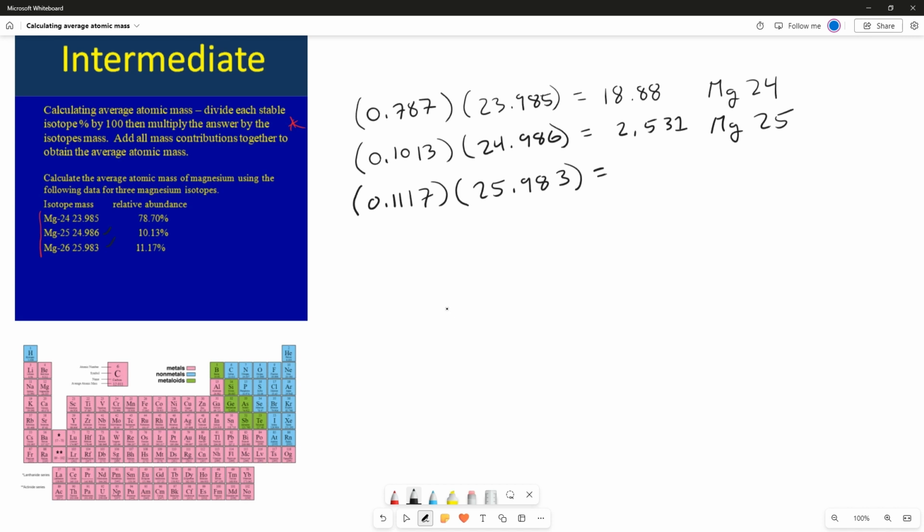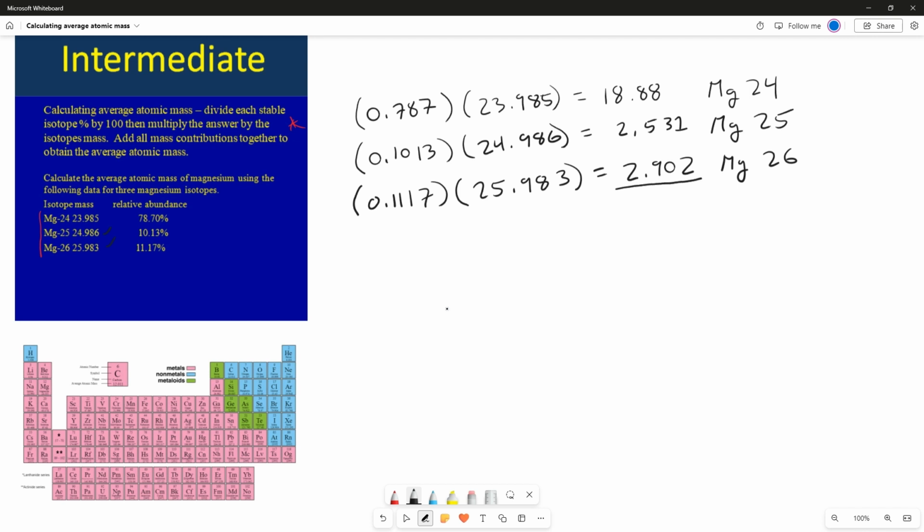And then when we do that, we get 2.902. And that is the mass that's contributed by magnesium-26.